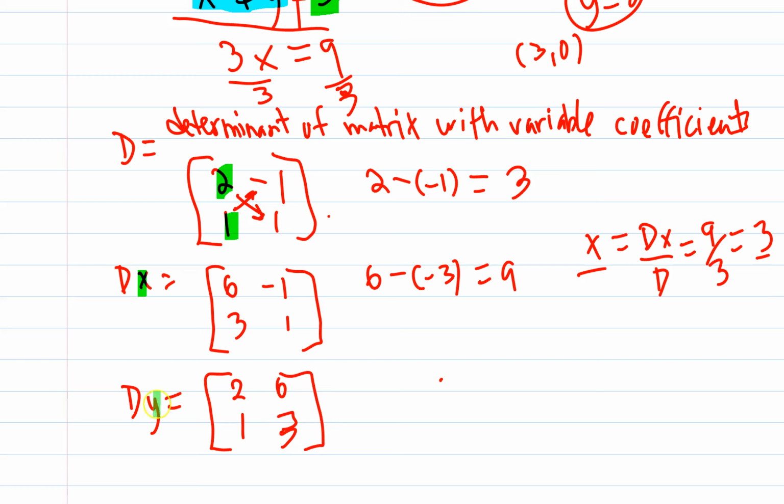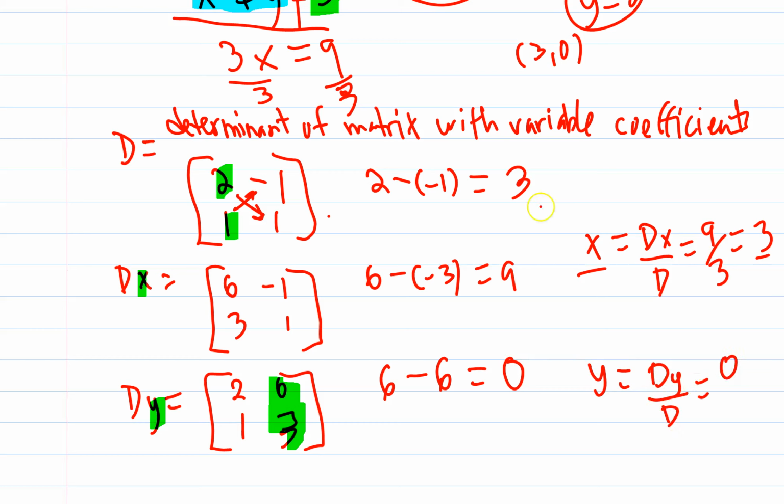So that went in place of the y this time. The down minus up would be 2 times 3 is 6. Minus, going up, 1 times 6 is 6. 6 minus 6 is 0. And we said y was equal to dy over d, which means y is equal to 0 divided by the same 3 we got up there. Y is equal to 0. We got the same answer.